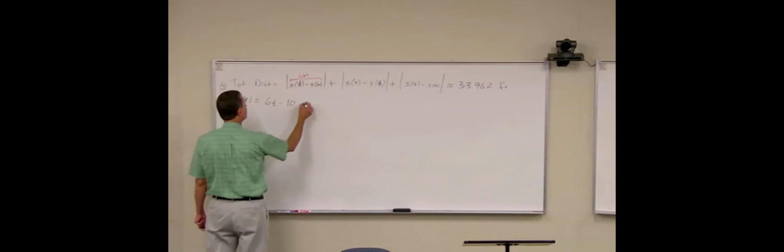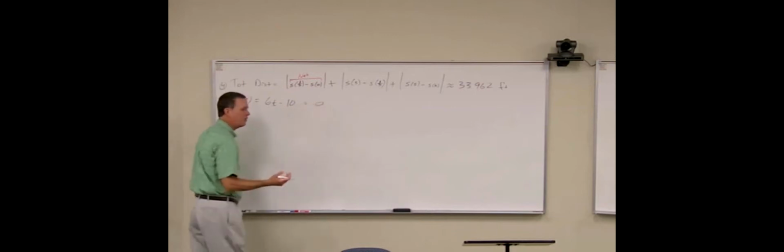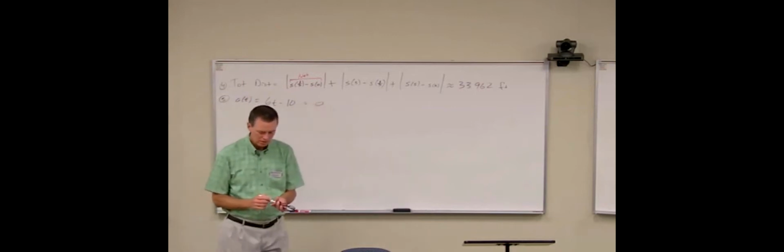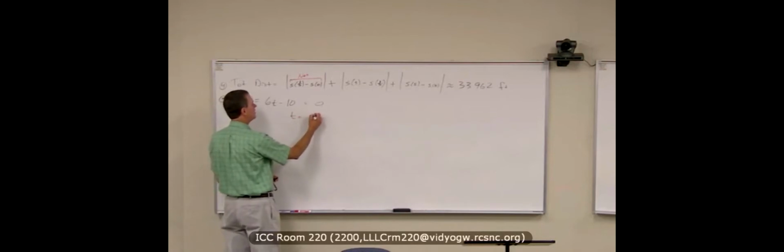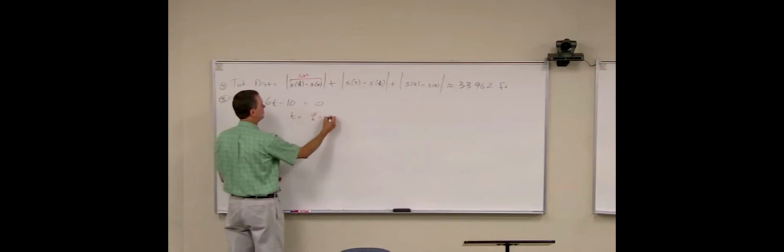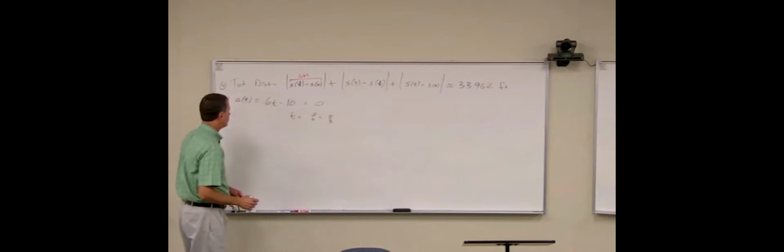So we have to set that equal to 0. Why do we do that again? To find the second order critical values where acceleration is positive and negative. Exactly, basically. Good. So this means t is equal to 10/6, which is 5/3. So that's our second order critical value right there.